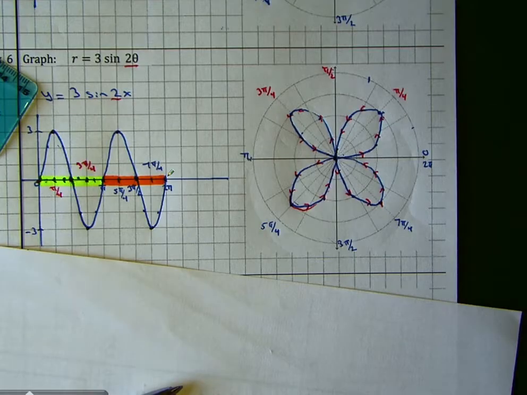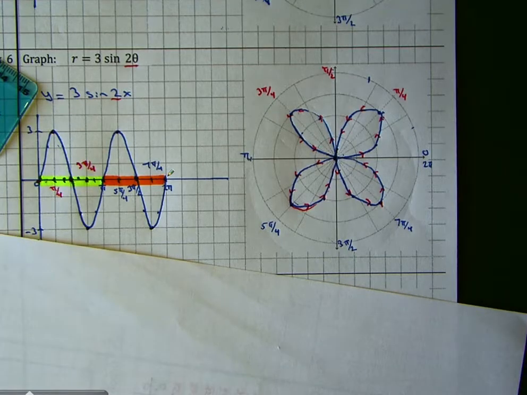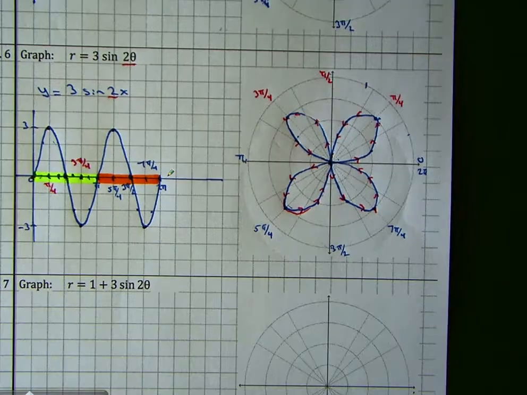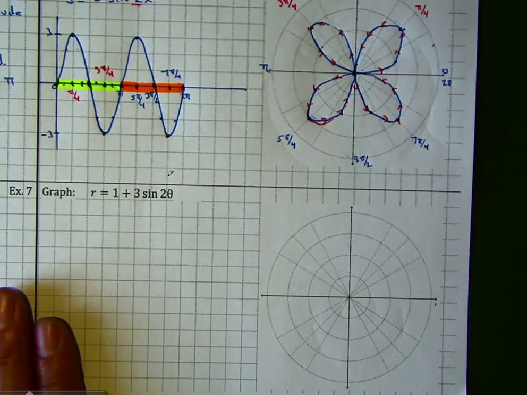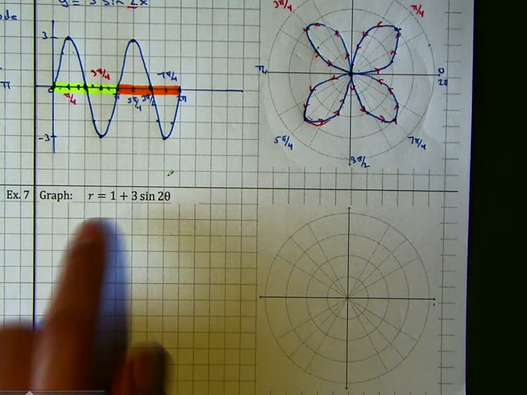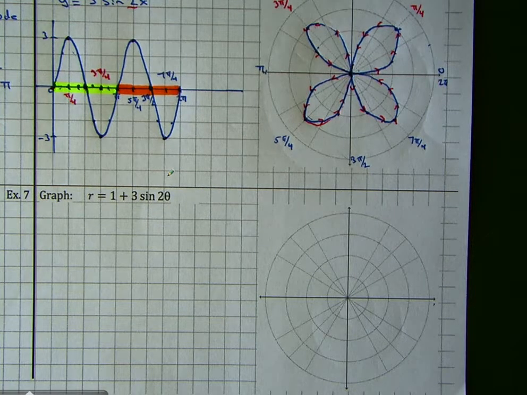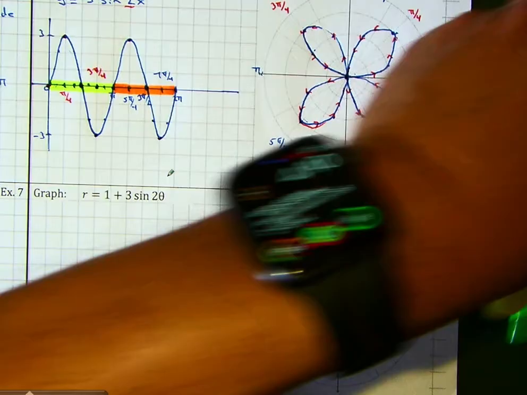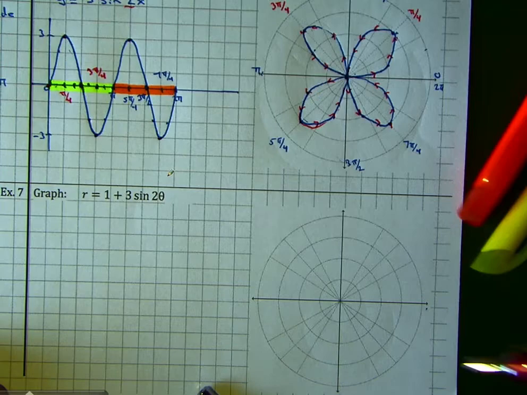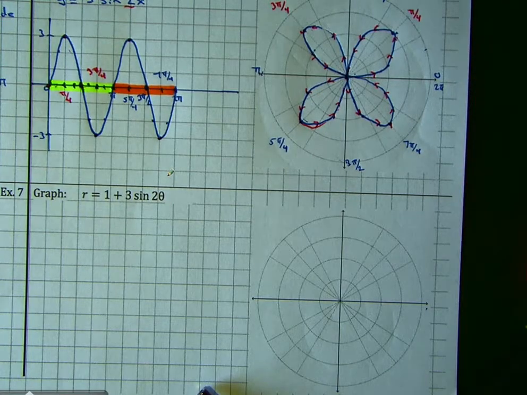Now let's go back. The last example for today. So go ahead and write it down. And I want you guys to start thinking, okay, what is that one going to do to the graph? Go ahead and pause if you need more time. I'm going to make an x and y axis.